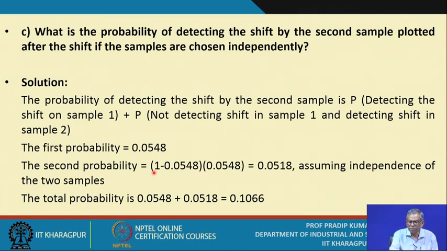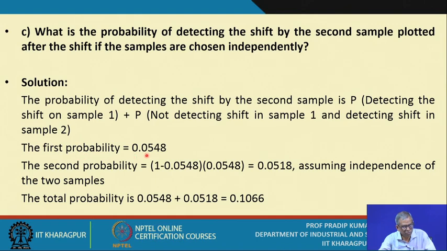So how do you get an answer to this question? The probability of detecting the shift by the second sample is the probability of detecting the shift on sample 1, that is the first event. The second event is that you are not detecting the shift in sample 1, but you are detecting the shift in sample 2.